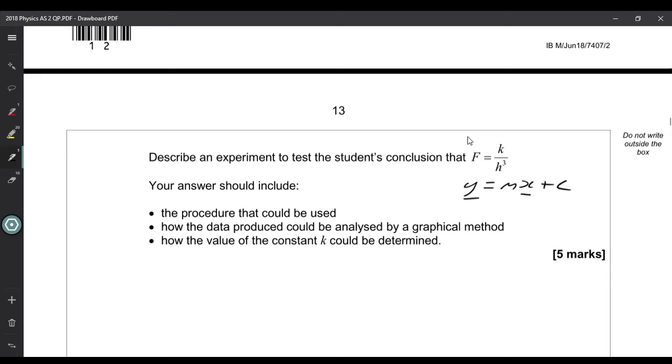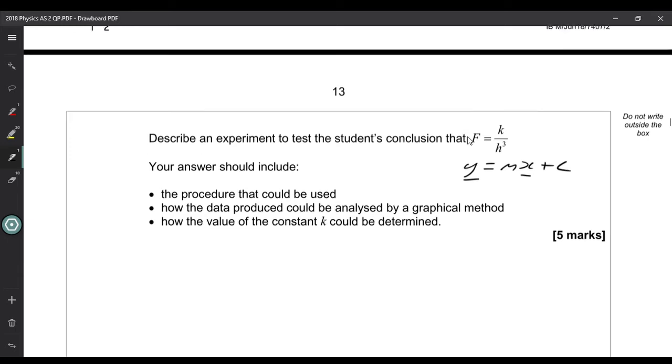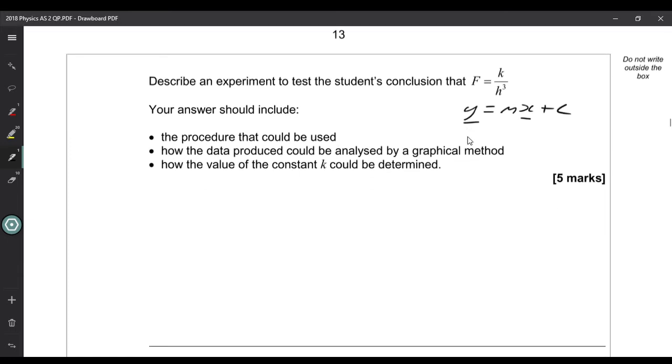So we can get the values of F by knowing the weight of our magnet plus the clay, and we can measure H. So we can then plot a graph to see whether it's a straight line through the origin, and by calculating the gradient of that, we can get a value of K. So we need to set that out to describe what we're doing.